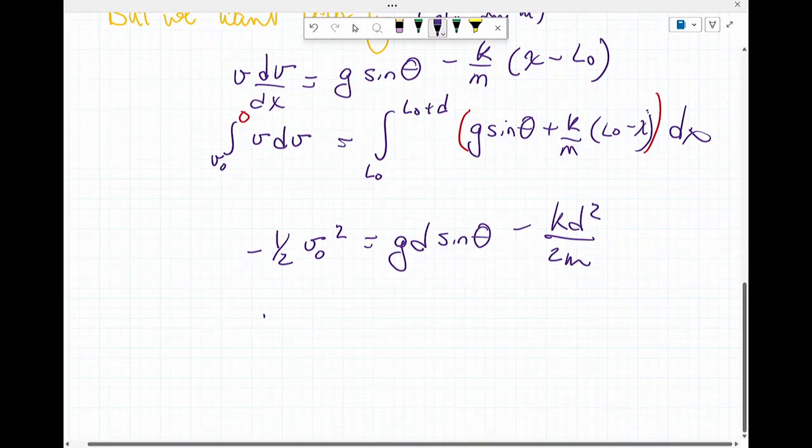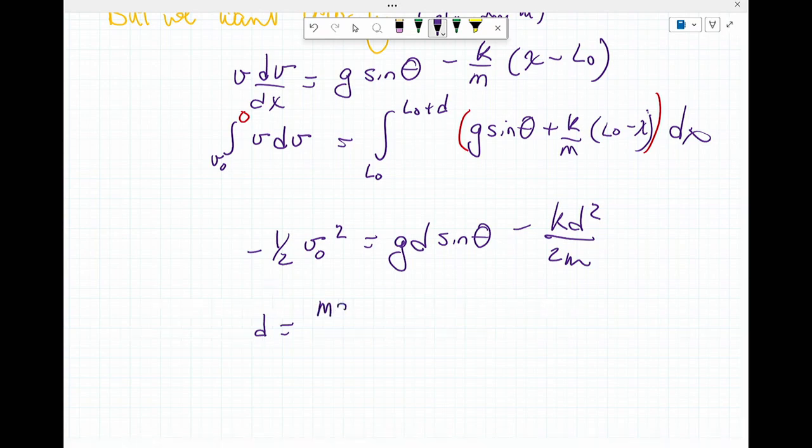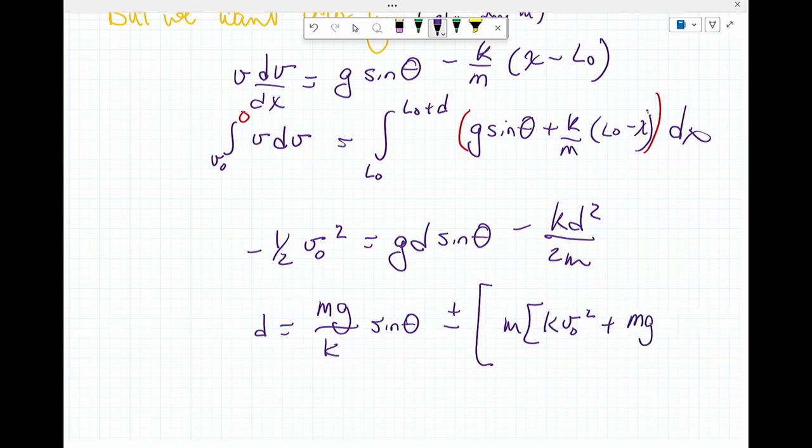So if you carefully do everything that you need to do, you end up with mg over k sine theta plus or minus mk v naught squared plus mg squared sine squared theta, to the 1/2.